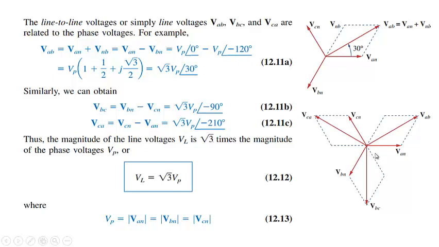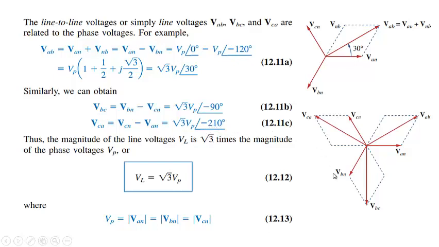Similarly, VCA: this is voltage VC, and this is minus VA. When you add them, this comes over here. This is 120 degrees, and this is 30 degrees. 120 plus 30, it should be 150 degrees.